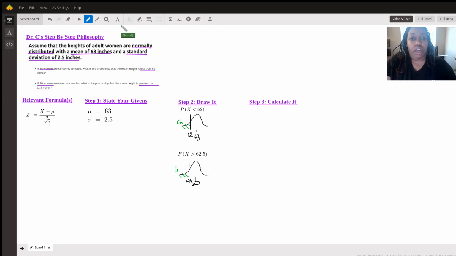Now, based on what we're looking at, this one is saying it wants the probability that's going to be less than 62. So if it's less than, that means we also need the area to the left here. So for this one, the need is less than, but for this one, it's greater than. So we need the area to the right here.